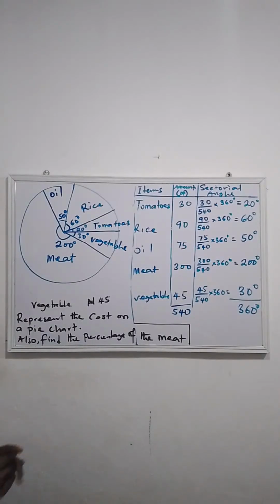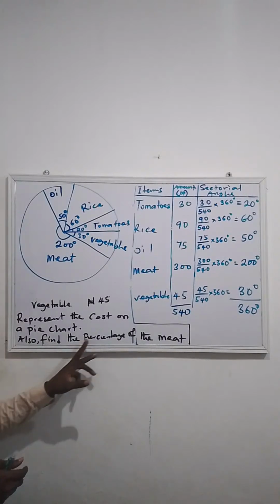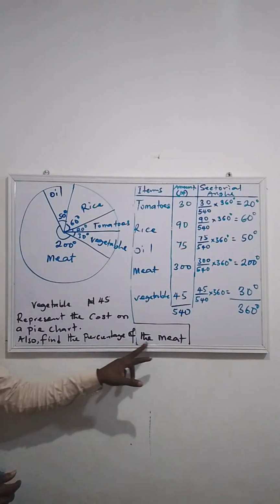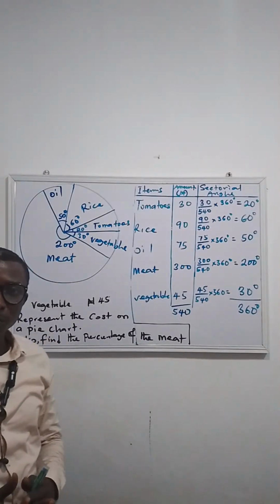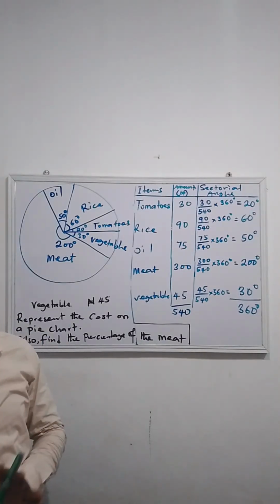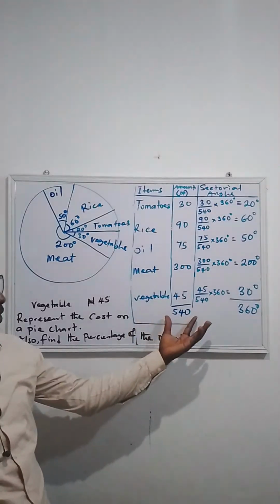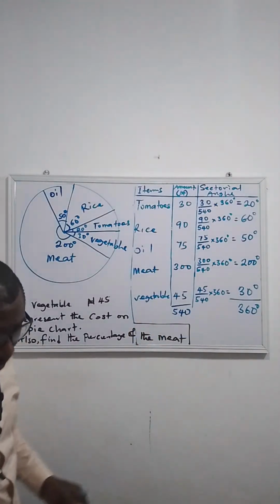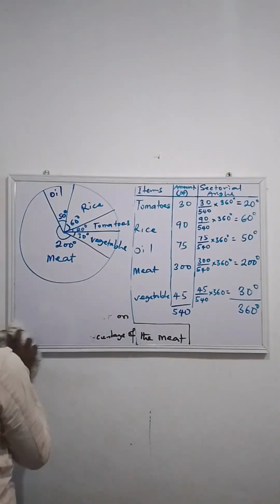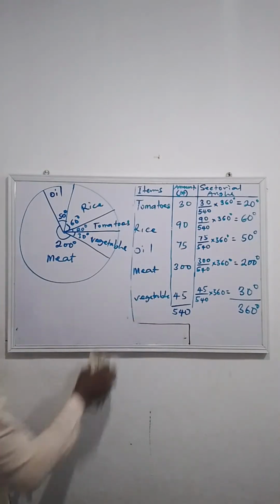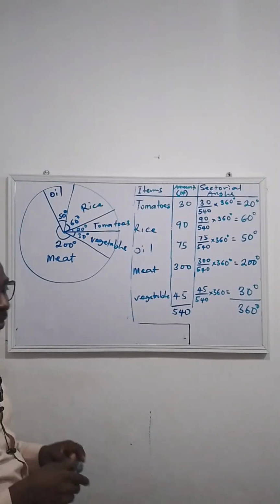So now the last part of this question is that you are to find the percentage of the meat. Percentage of the meat. So to get the percentage of the meat, I need to get the fraction of the meat out of the total amount. So let us get the fraction of the meat. Fraction of the meat, we'll multiply that with 100%.